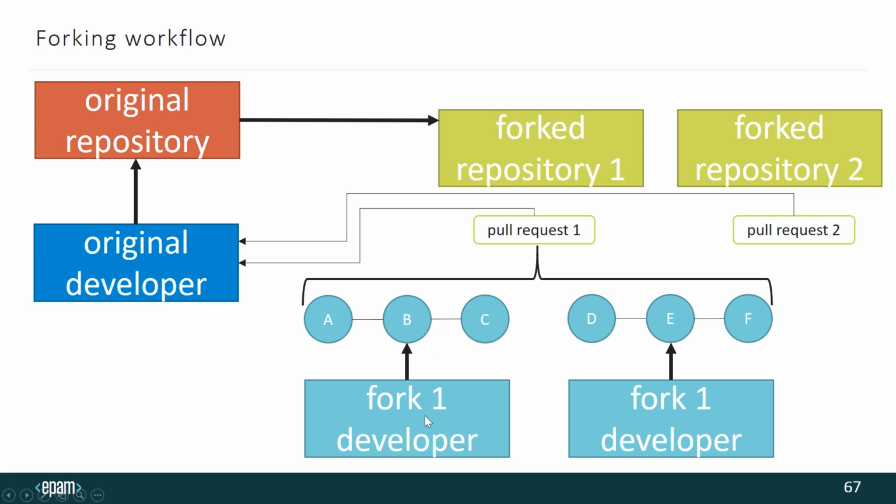Let's say that developer 1 added 3 commits, another developer added 3, and together they formed a new feature that JUnit doesn't have yet. So they take this feature and publish it in their fork, which is a copy of the original repository. GitHub has this functionality called a pull request. Pull request does exactly what it says.